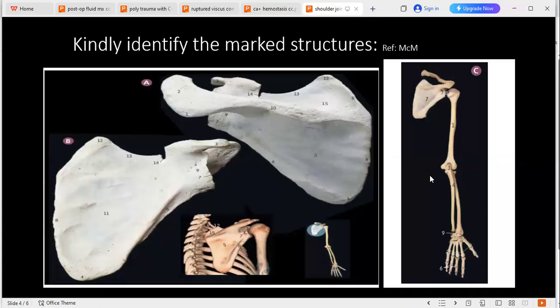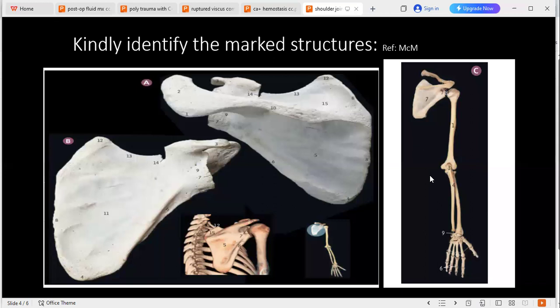Which side? The cephalic vein lies on the lateral side, and the median cubital vein connects the basilic and cephalic veins. Very good.